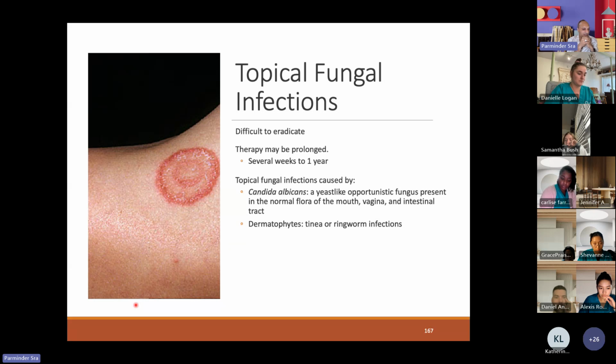And the fifth one is tinea unguium. This is the infection of the nails, causing them to become thick, discolored, crumbly. And this is a very stubborn one. Okay. Everybody got all five?